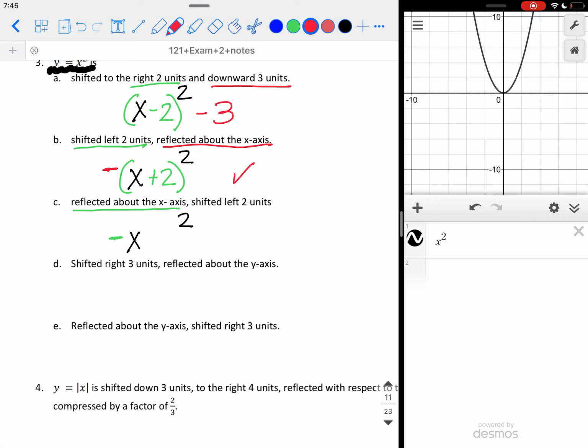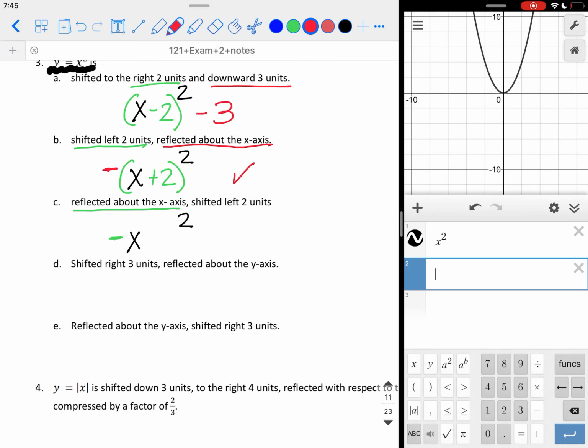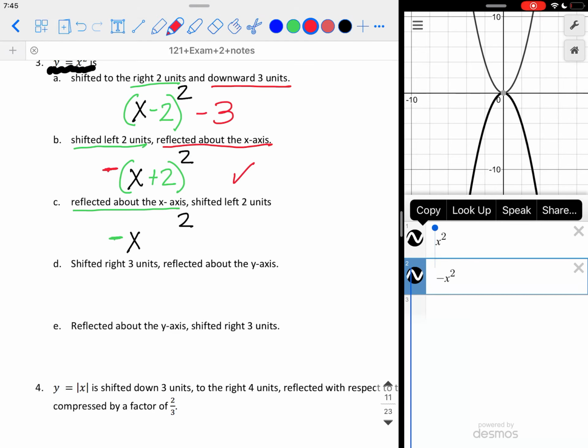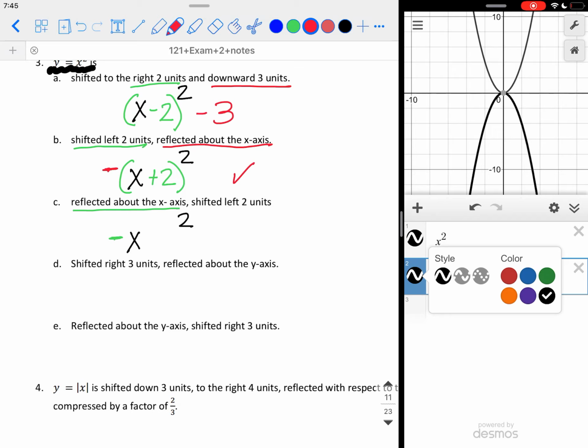So let's see. Negative x squared. And I want it in green. Yeah, it's definitely reflected about the x-axis.